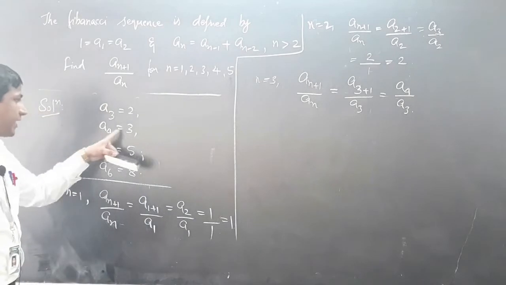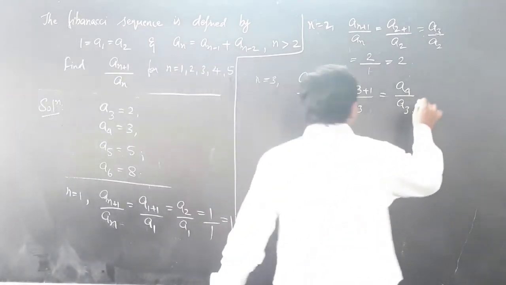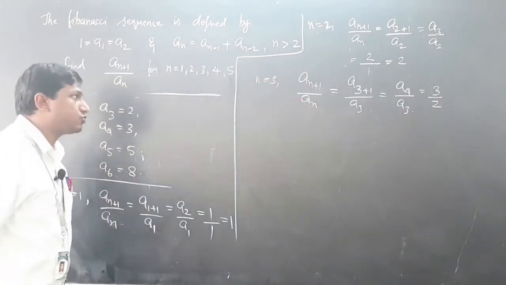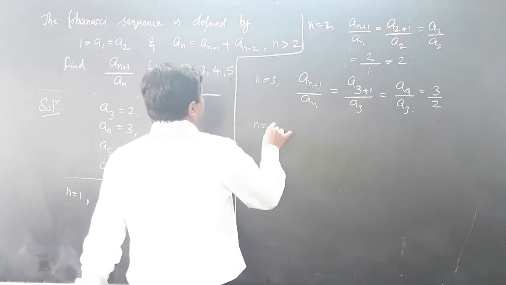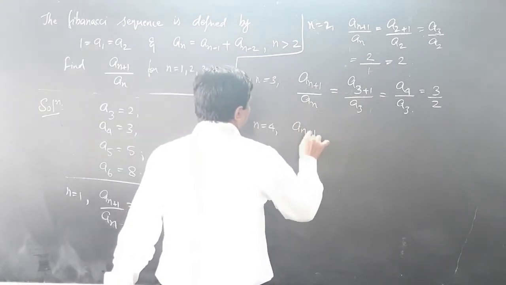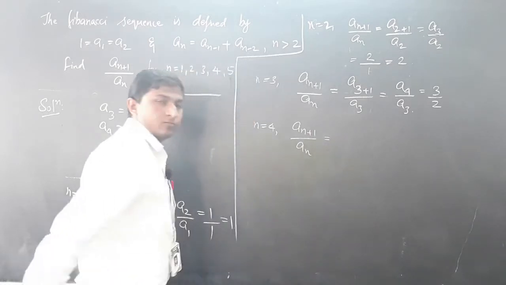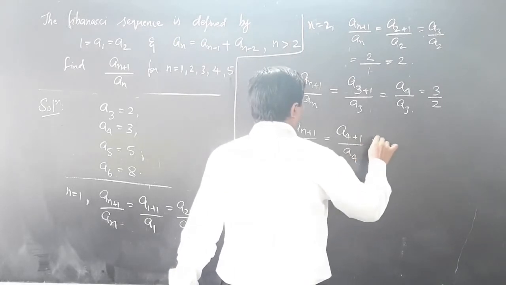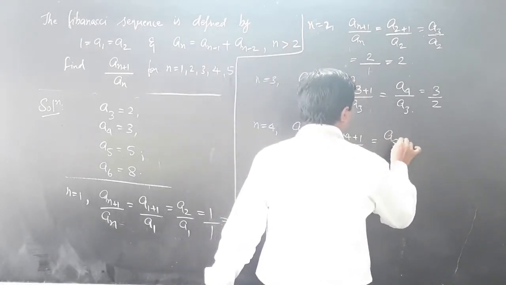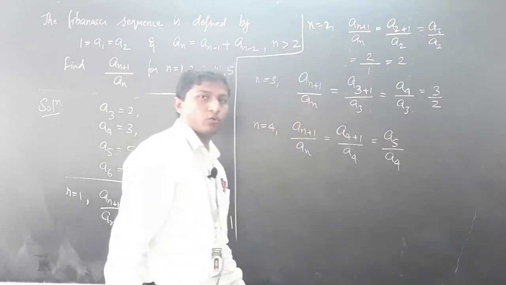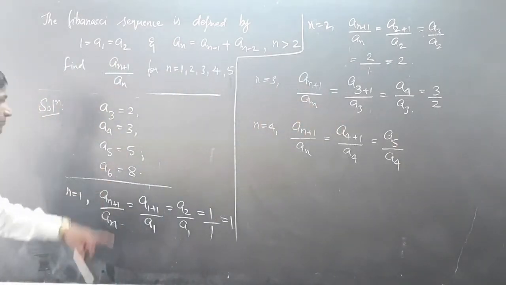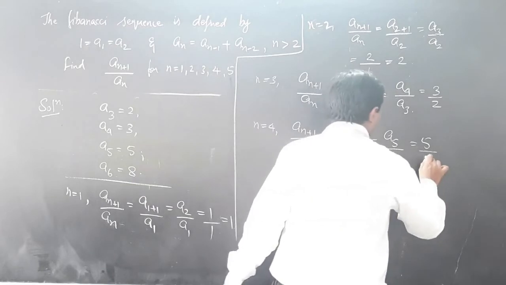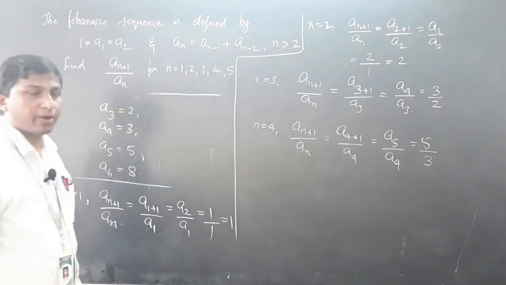A4 value is 3 and A3 value is 2. So it is 3 by 2. When n is 4, AN plus 1 by AN is A4 plus 1 by A4, which is A5 by A4. A5 value is 5 and A4 value is 3. So it is 5 by 3.